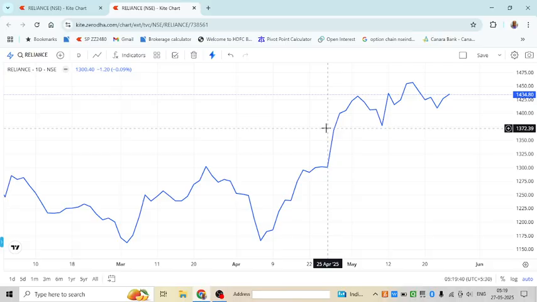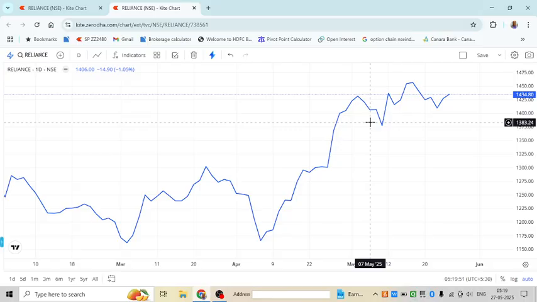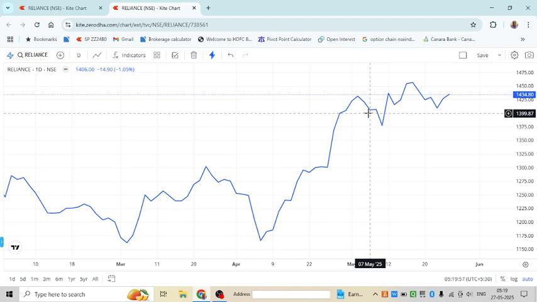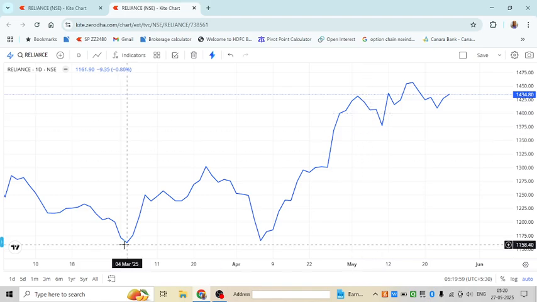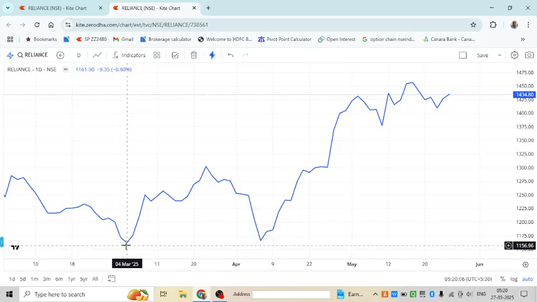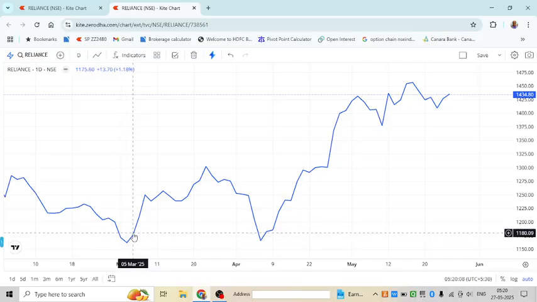Every consecutive day's close is connected and the chart is formed. Whenever the close is on the lower side compared to earlier days, the chart goes a little down. In the reverse way, if the close is on the higher side compared to the earlier day, the line chart goes a little up.